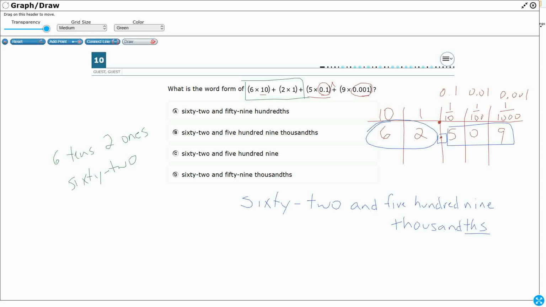And then you could have done 5 tenths, and then 9 thousandths. Now this is going to be a little bit harder because you're going to have to realize that you are missing that 0 in the hundredths place.